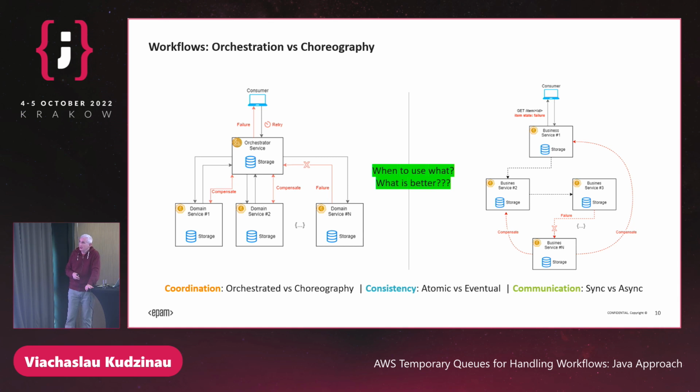If you have, let's say, relaxed latency requirements, if your customer can wait on the web page screen with a waiting indicator, you can do the synchronous orchestration as the simplest thing, and then you can return the failure code, and the customer should retry. So that's about choosing orchestration versus choreography as a coordination dimension, and you also need to think about consistency, and you need to think about communication styles.